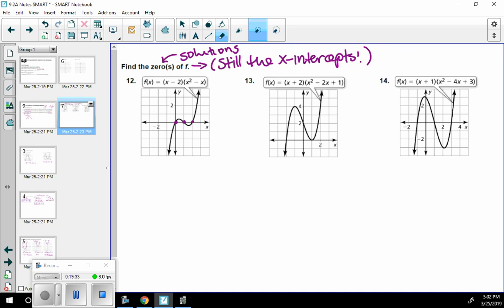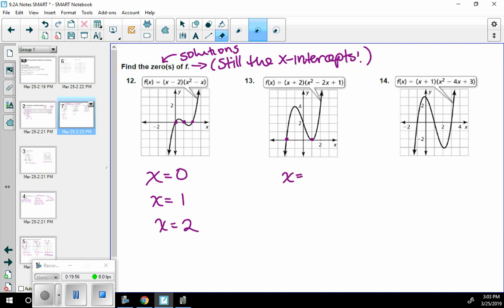Okay. So what are the locations? Like if we were to solve 12, where does it look like it's intercepting the x-axis? At 0, at 1, and 2. There you go. You just solved your first cubic equation. Not bad, right? How about this one? How many solutions does it have? 2 solutions.